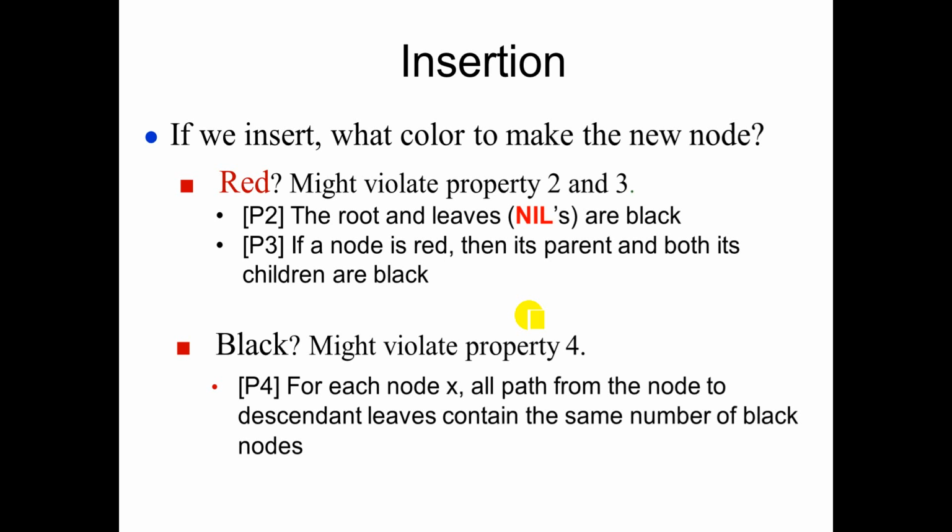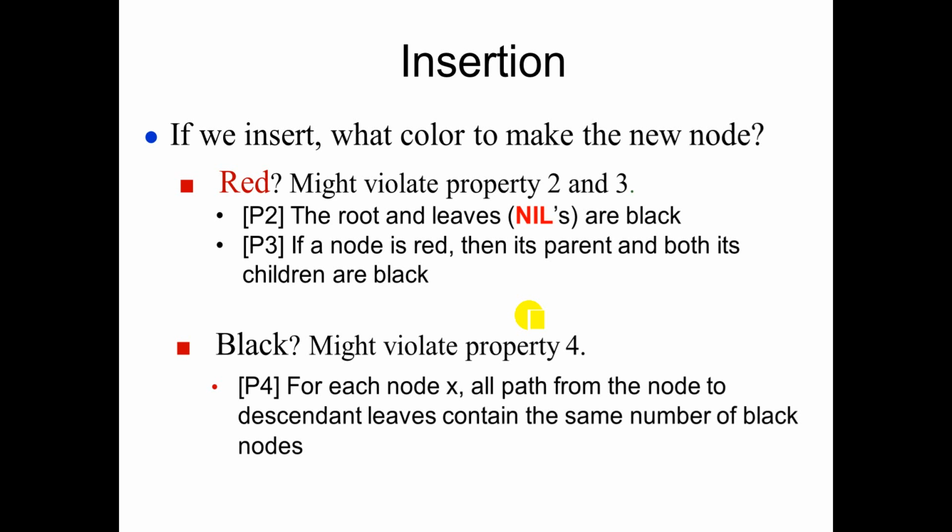Okay, suppose we want to insert a node, then initially we need to decide what color to make the new node that we are inserting. So when we will insert a node, then it may violate the color property or may violate the black height property.